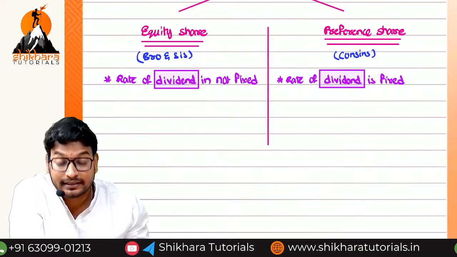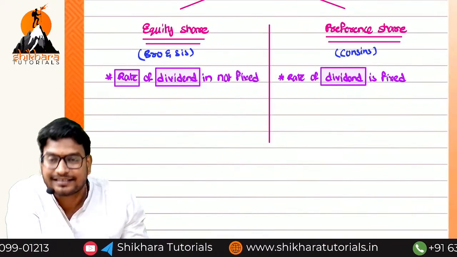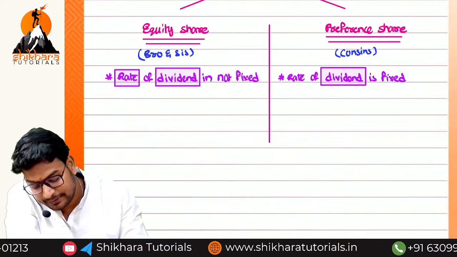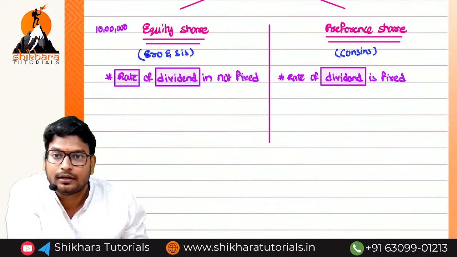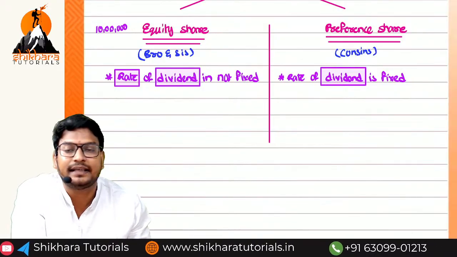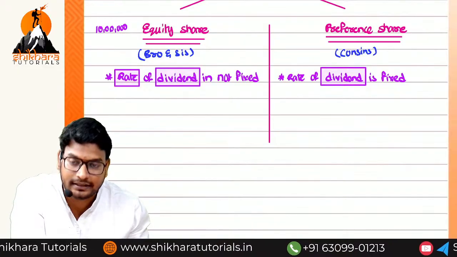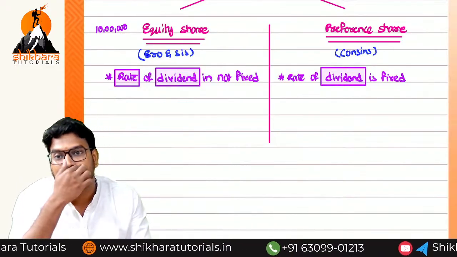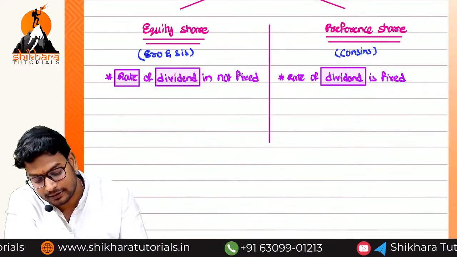For the dividend rate, what is the meaning of rate? Percentage. For example, if any person invested 10 lakh rupees in a particular company, and on the 10 lakhs they say 10% dividend, 10% is nothing but what? Rate of dividend. How much is that person going to get? 1 lakh. So that is nothing but the rate of dividend.